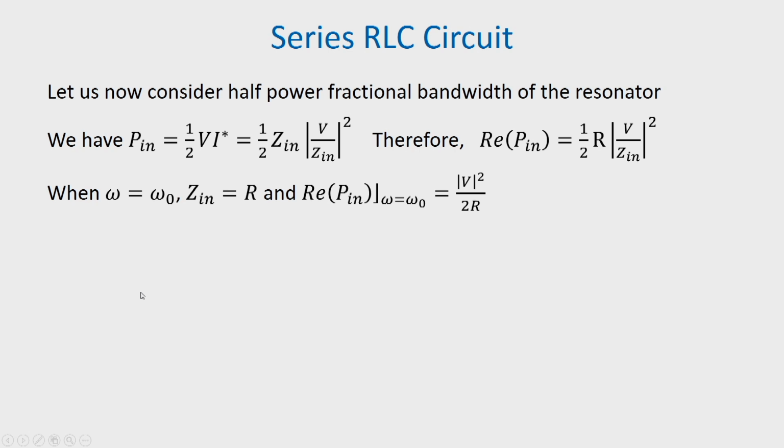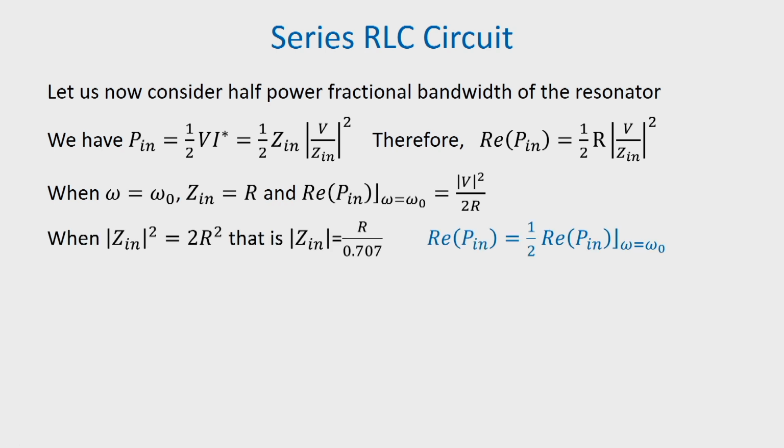And when omega is equal to omega naught, we have seen that Z in is equal to R, and therefore, real part of P in at omega equal to omega naught becomes equal to mod V square by 2 R.